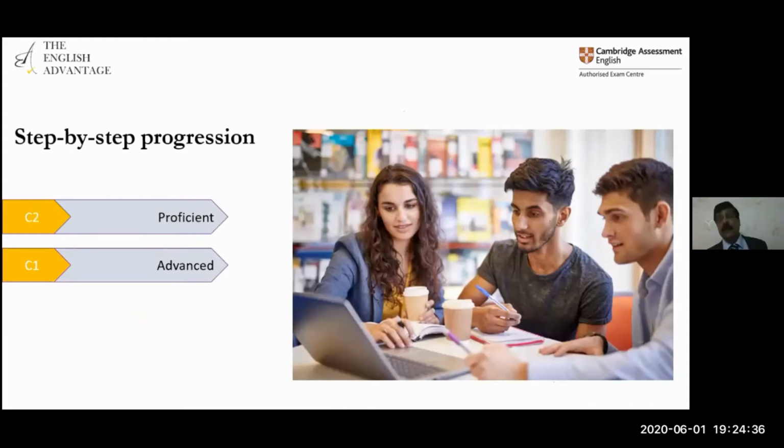Now, what's the C1 and C2? I'd like to spend a little time here because most people would have to know this: the C1 qualifications are those qualifications that you require if you want to migrate or you want to have a very good standing in the organization that you're working. Today, to be able to migrate and to get a resident visa in more than 163 countries in the world, you need to have a C1 proficiency in English.